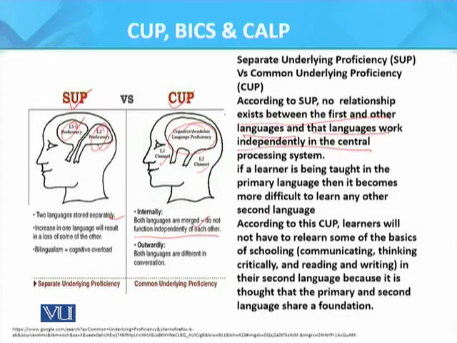If a learner is being taught in the primary language, then it becomes more difficult to learn any other, because if one area is emphasized more, it creates problems for the learner in developing proficiency in the second language. According to common underlying proficiency, learners will not have to relearn some of the basics of schooling, because this is something they have already established or acquired in their first language proficiency.